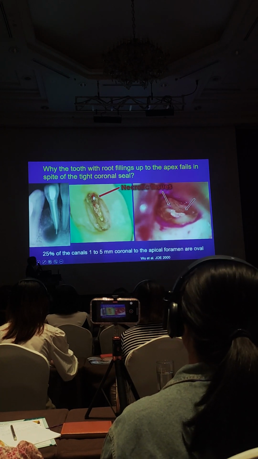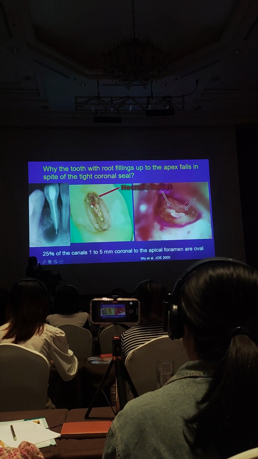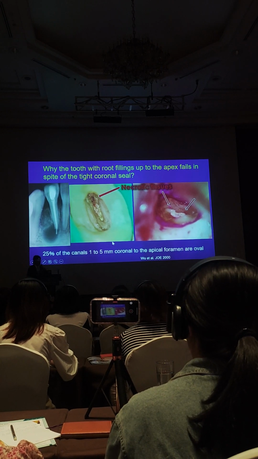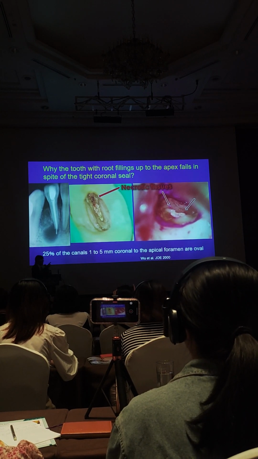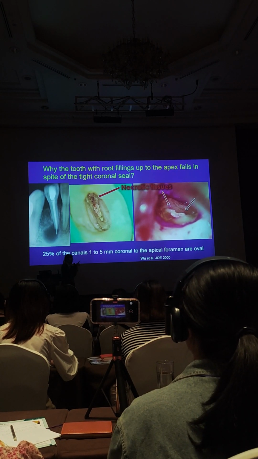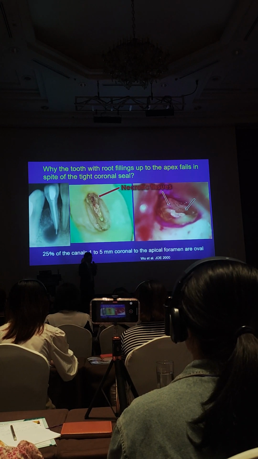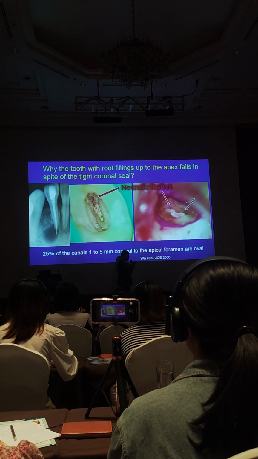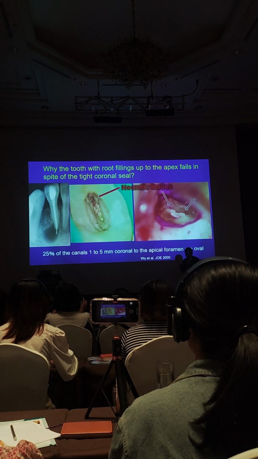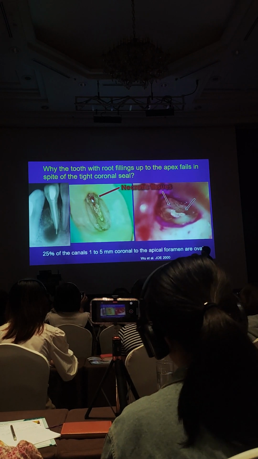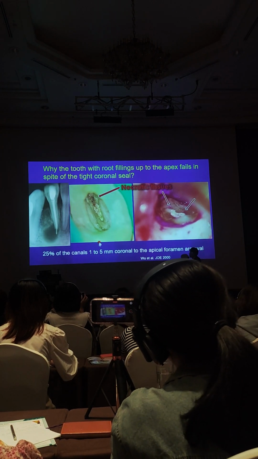You cannot remove the necrotic pulp tissues with a rotary instrument because the rotary instrument is completely round. If you have bacteria in the defect that you cannot remove with a rotary instrument, the bacteria will remain after the retreatment.